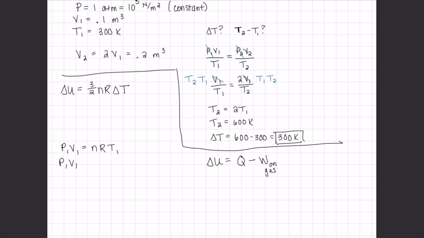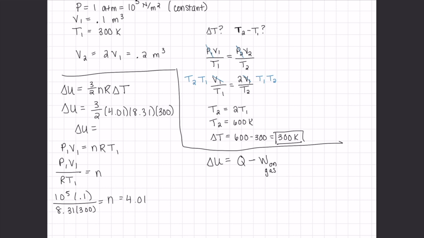So P1 V1 over R times T1 is going to be our number of moles. So 10 to the 5, 0.1, over 8.31 times 300. And that's going to be 4.01. Almost got a round number. So then we can plug that in to delta U, and I'm just going to round that to 2 sig figs, but that'll be 15,000 joules.